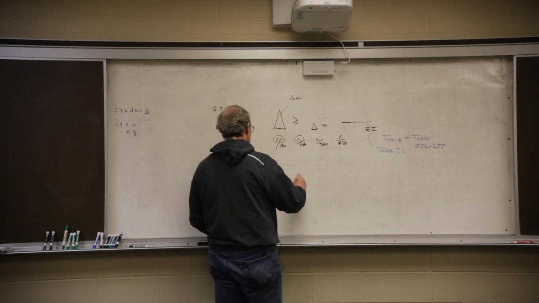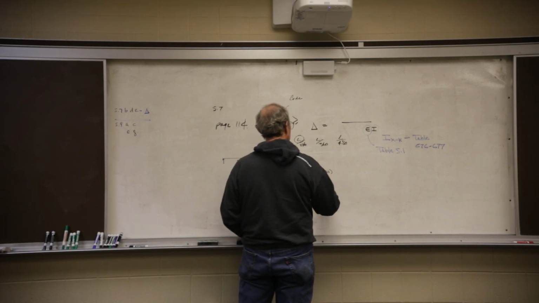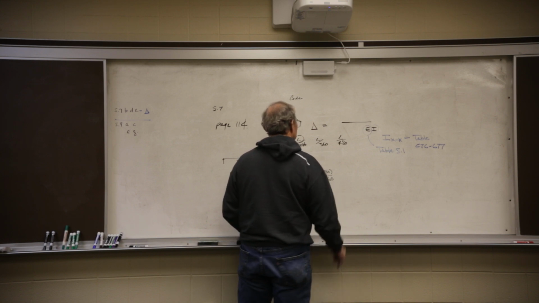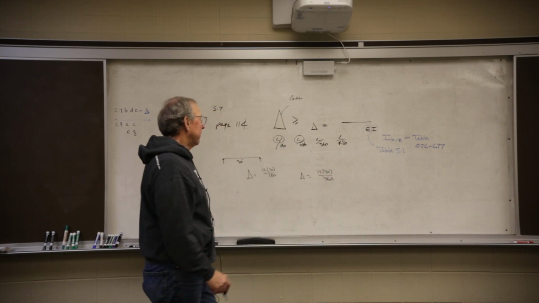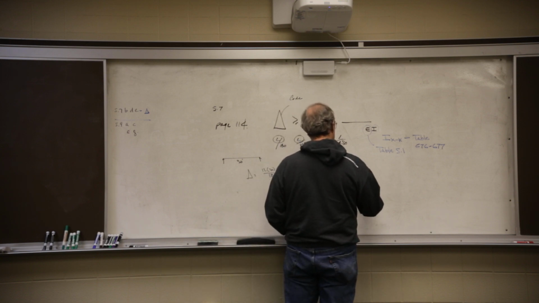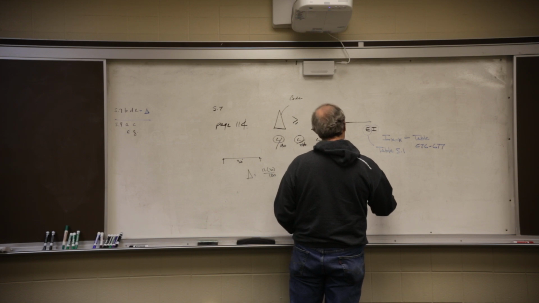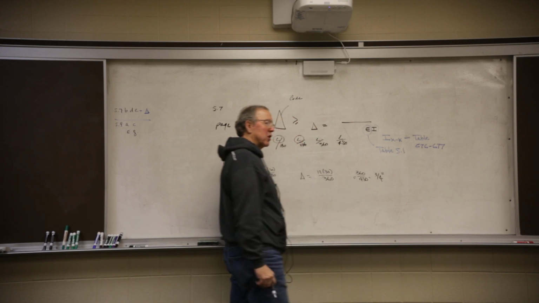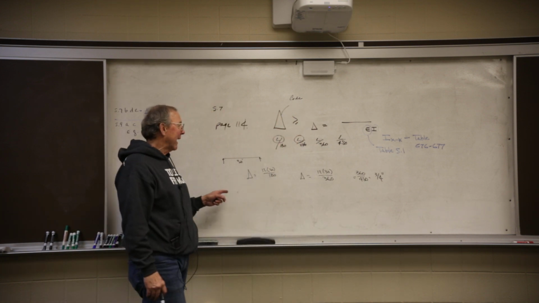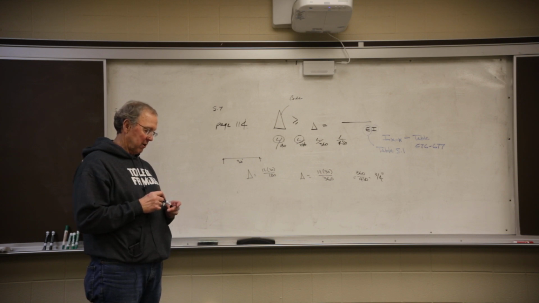If I've got L over 360, maximum deflection is 1 inch. If I have L over 480, three-quarters of an inch. So you can see as the L number gets bigger, the allowable deflection keeps getting smaller.